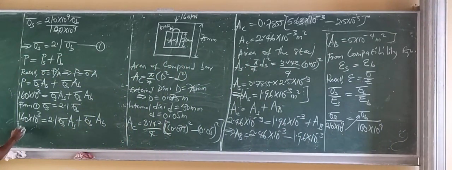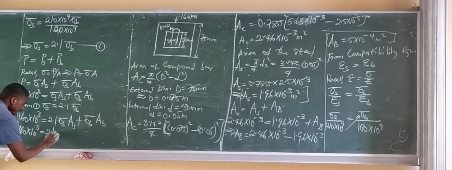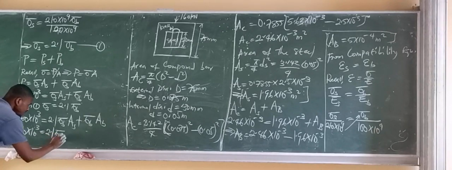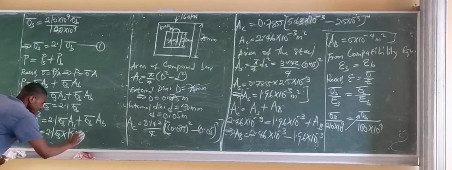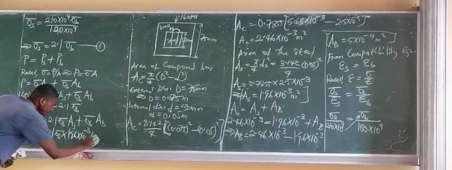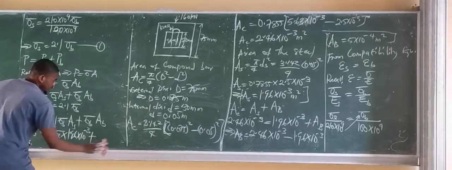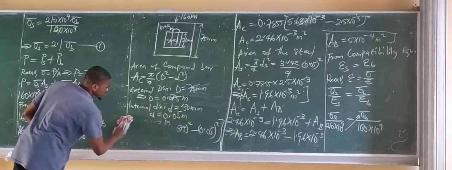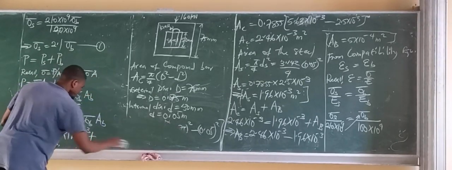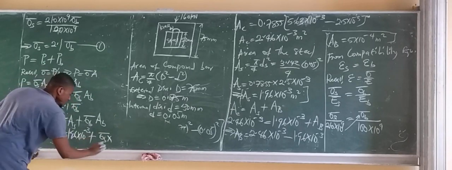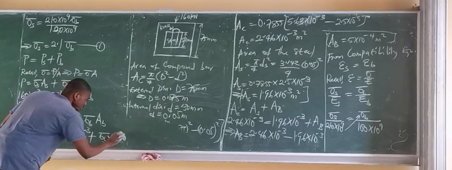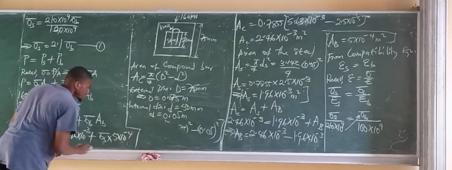We have that 160 by 10 to the power of 3 is now equal to 2.1 times the stress of brass times the area of steel, 1.96 by 10 to the power of minus 3, plus the stress of brass sigma b times the area of brass, 5 by 10 to the power of minus 4. So you have this.